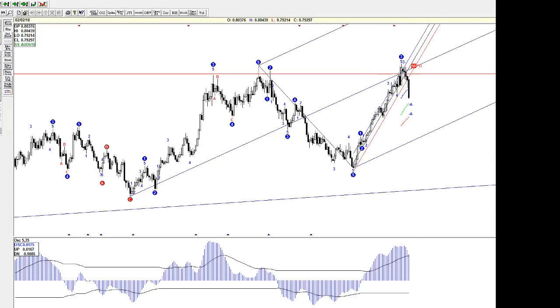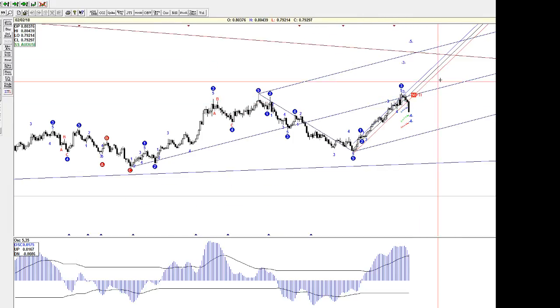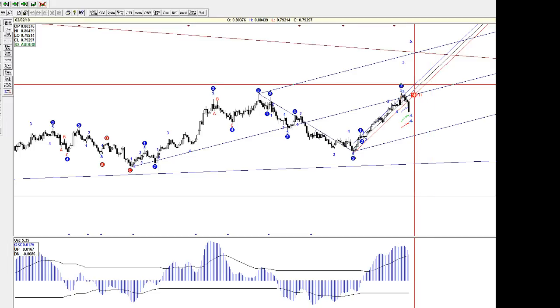And you know what? Using the pitchfork, it could have still gone and continued and kissed that angle up there. The guys were thinking that they were going to get in here and go long. It never happened. And the guys that were long thinking it was going to hit here, it never happened. It hit the 50% of the pitchfork, and the Aussie came down.